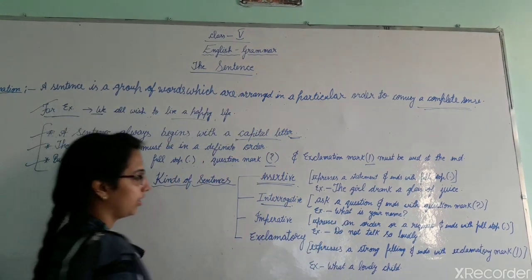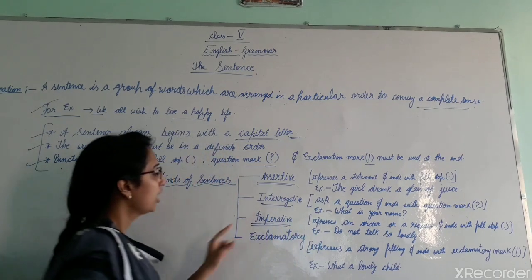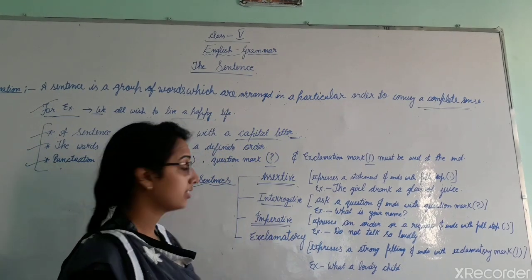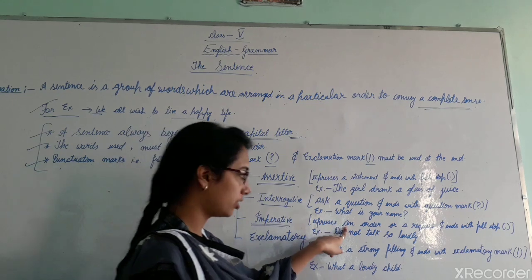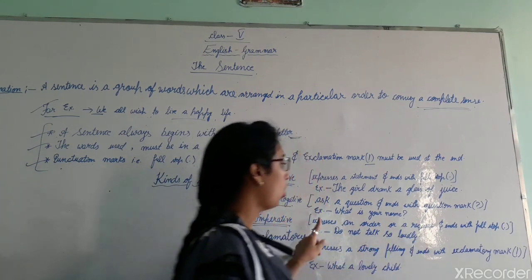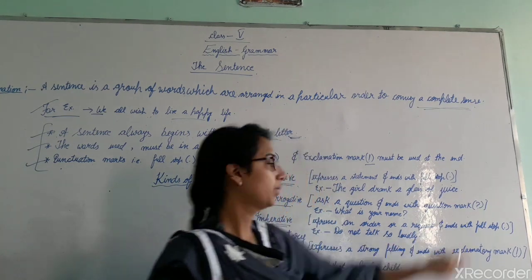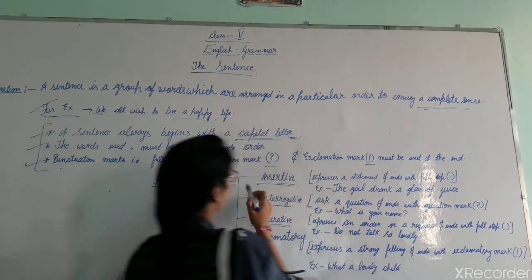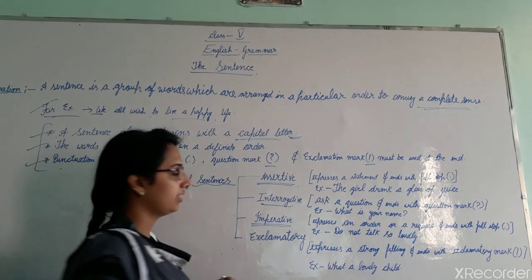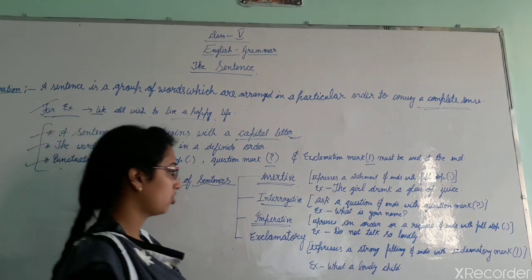Next, imperative sentence. Imperative sentences are those sentences which express an order or a request, and end with a full stop. Don't confuse the assertive and imperative sentences. Let us take the difference first of all.